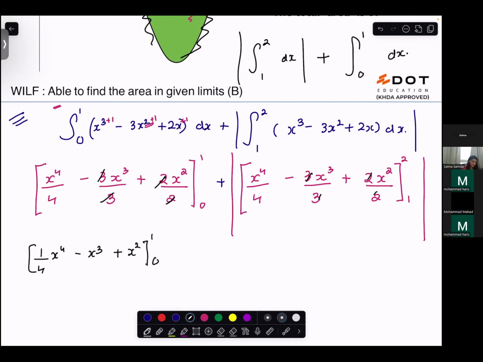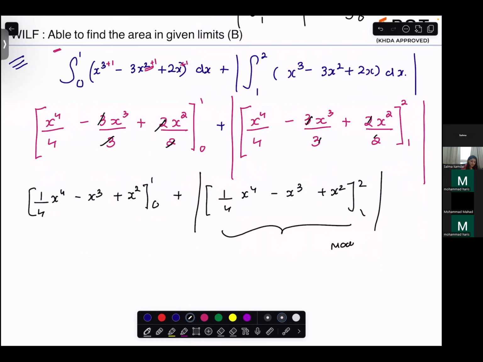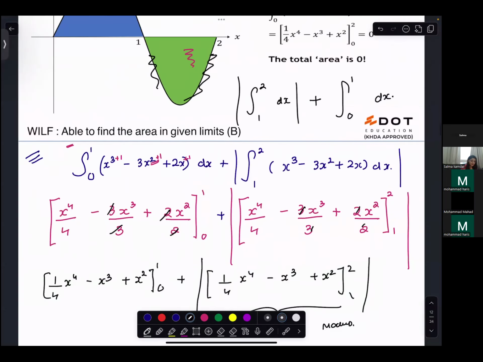You can even open the brackets if the marks are worth it. Then 1 by 4 x to the 4 minus x cubed plus x squared between 2 and 1. Whatever answer you get for your second bracket, you will take the modulus of it. That means I'm looking at the positive answer. I know I'm going to get a negative answer because the area is below the x-axis.